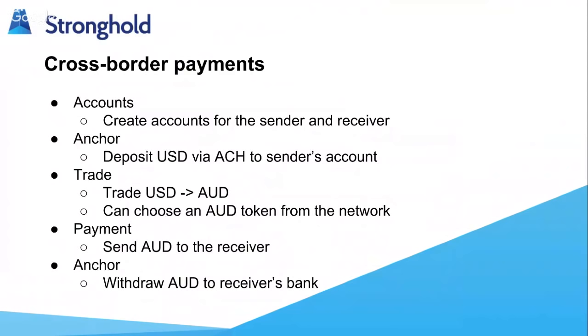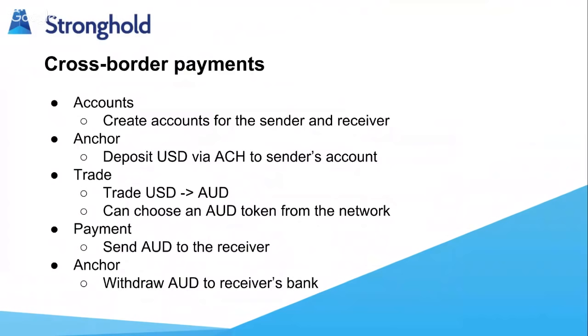Because Stellar, if this was the venue, has a built-in order book, you would be able to look for the appropriate Australian dollar token. And these tokens could be provided by other anchors than Stronghold. An example is another company called Novatti in Australia, which recently publicly announced that they are launching an Australian dollar stablecoin.